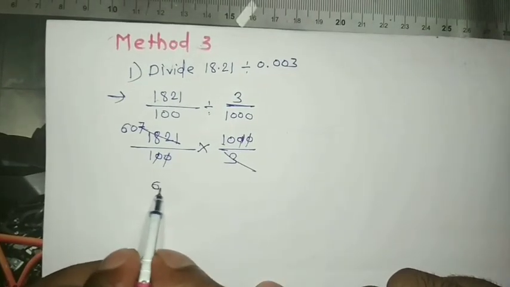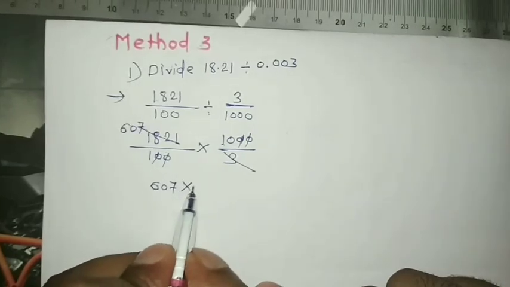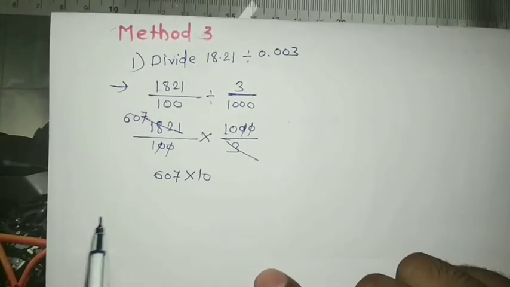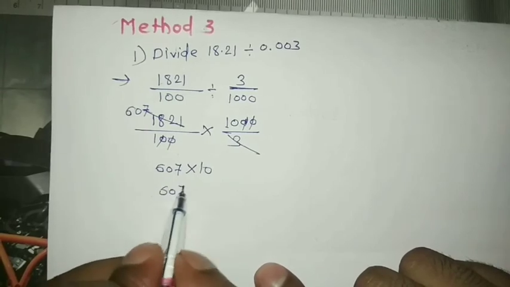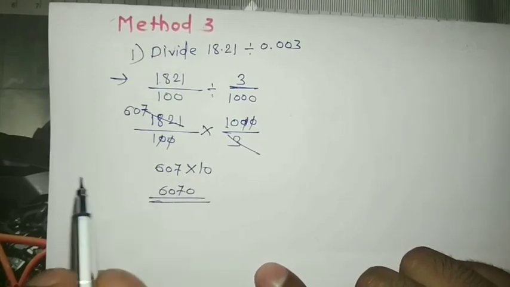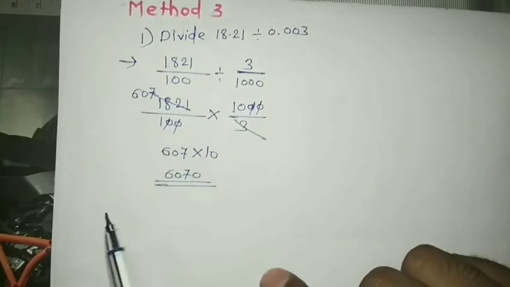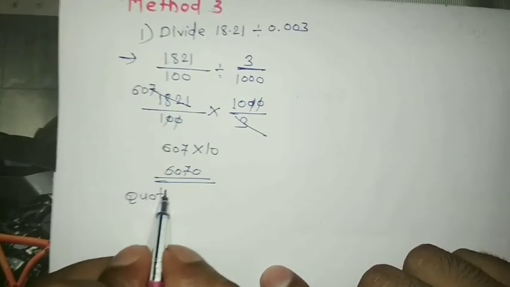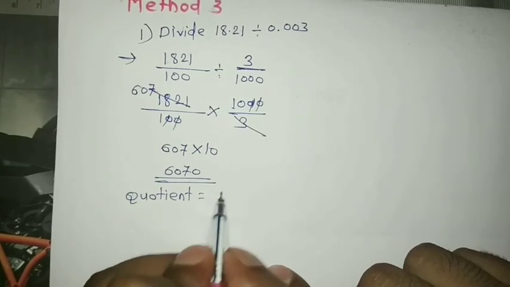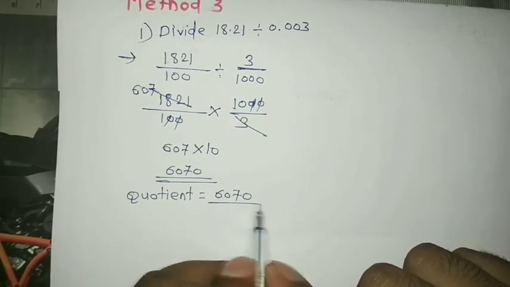So remaining is 607 into 10, and 607 into 10 is 6070. So your quotient is 6070.